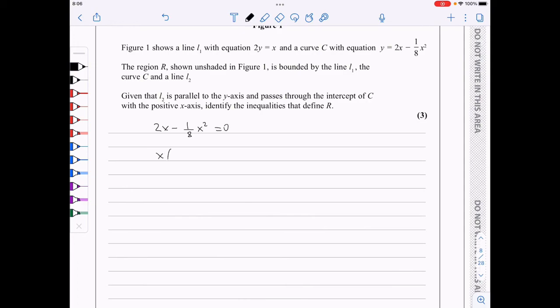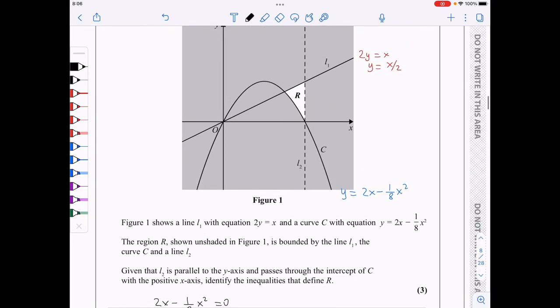I will factor out the x. I get x times 2 minus 1 over 8 x is 0. So either x is 0 or 2 is equal to 1 over 8 x, which means that 16 is equal to x. So L2 is the line with equation x equals 16.